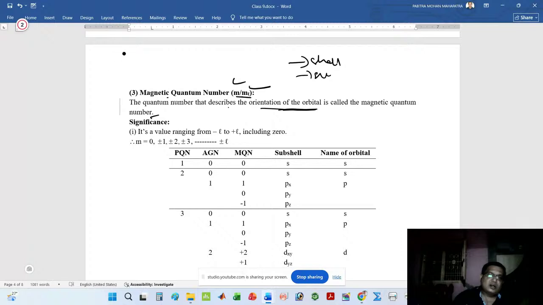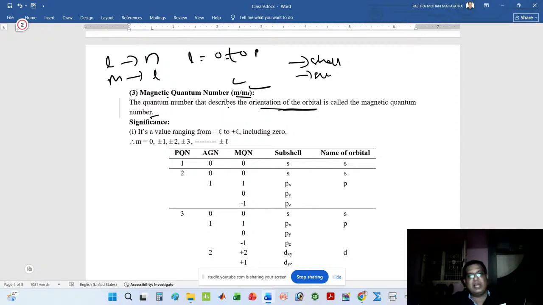Actually, azimuthal quantum number L depends upon the principal quantum number n. Now, magnetic quantum number depends upon the value of L. Azimuthal quantum number is 0 to n minus 1. Now, magnetic quantum number m is equal to minus L to plus L including 0.